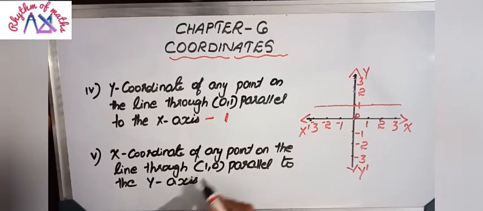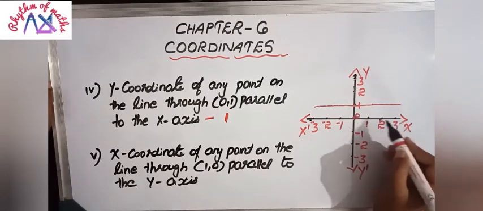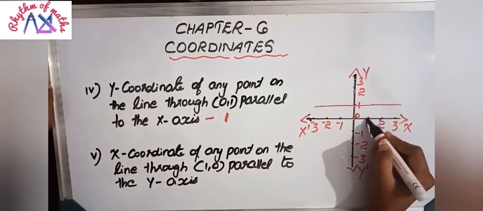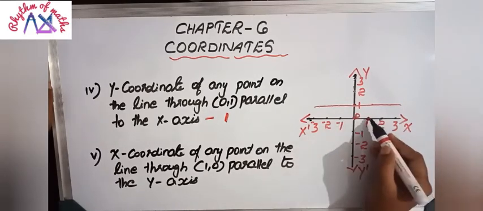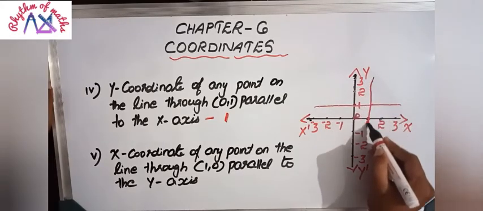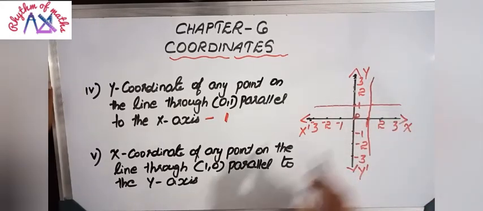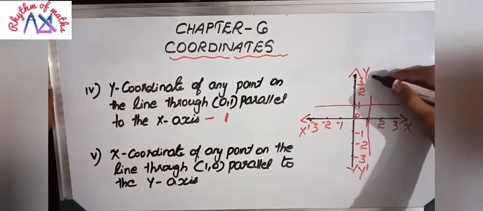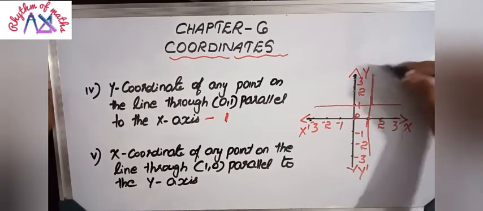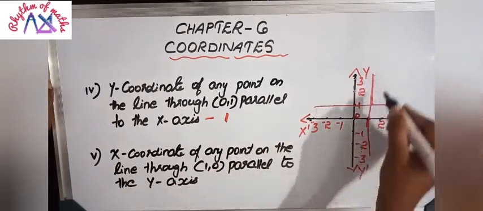Next is the x coordinate of any point on the line through (1, 0) parallel to the y-axis. (1, 0): 1 is on the x-axis and 0 is on the y-axis. So the point (1, 0) will be here, and this is the line. What will be the x coordinate of any point on this line?